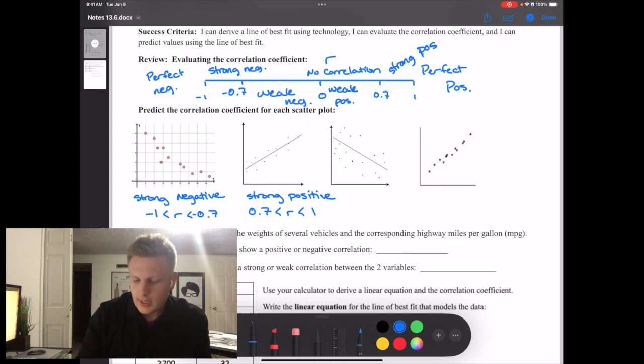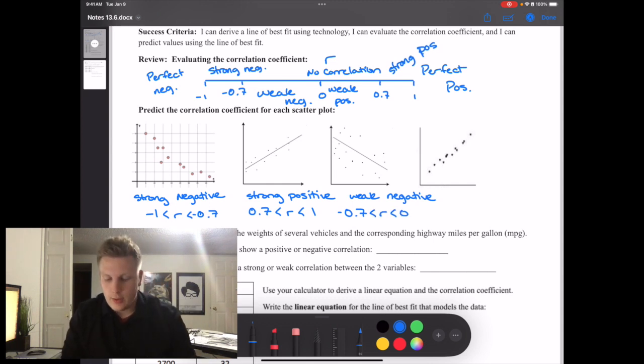This next one looks like it's spread out, so it's going to be weak. And this one's going downhill, so negative. That must mean that we have our r value somewhere in between -0.7 and 0.